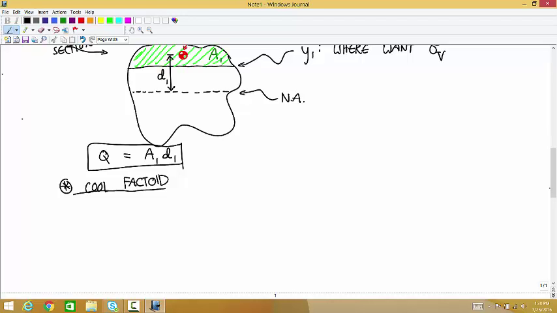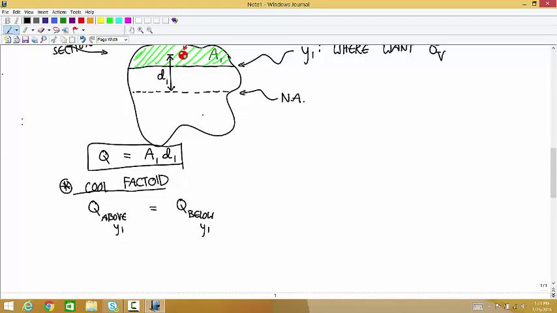And that is that if you calculate Q using that shaded area above the line Y1, it's the same thing that you would get calculating Q using the area and the distance to the centroid below Y1. So you can always do it either way.